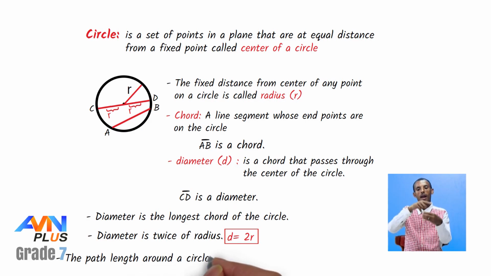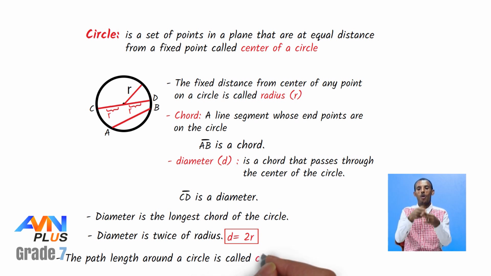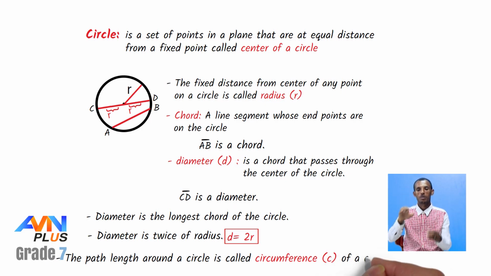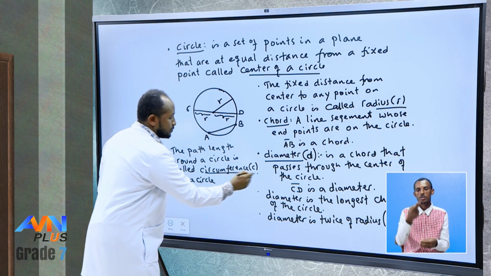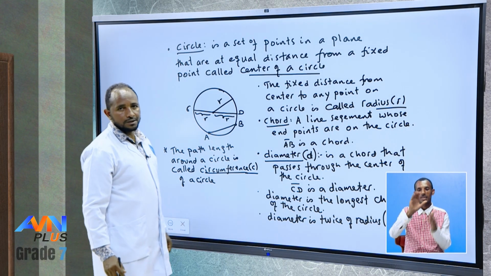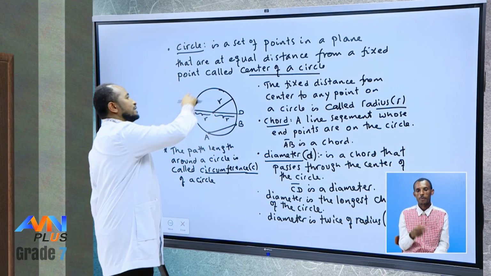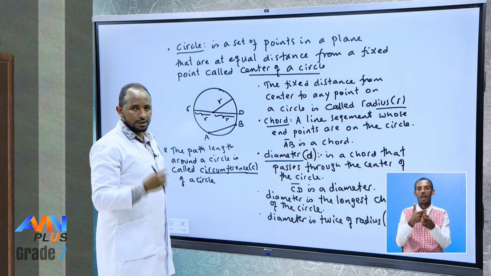We can use the letter C to symbolically denote circumference. So as we said, circumference is the path length around a circle.